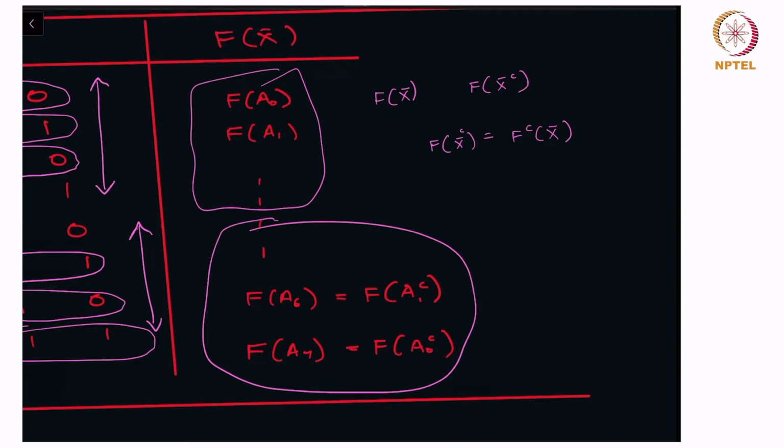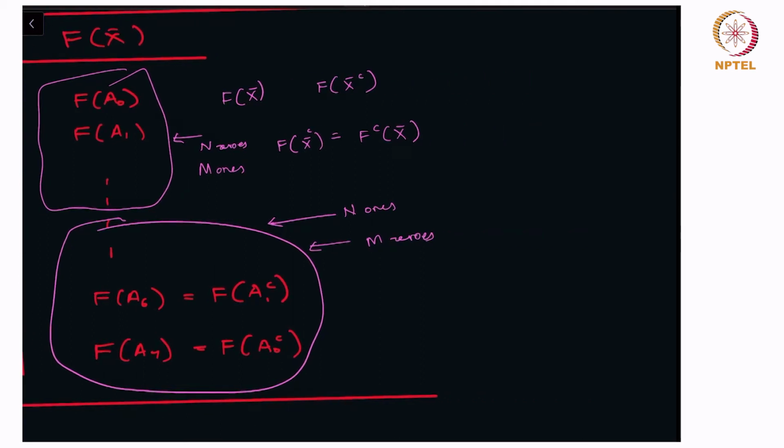So that means if there are n zeros and m ones here, then every 0 here is a 1 there, because it's complement, so n ones and m zeros, right?